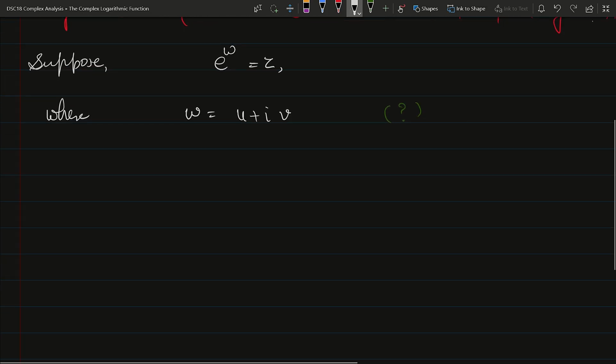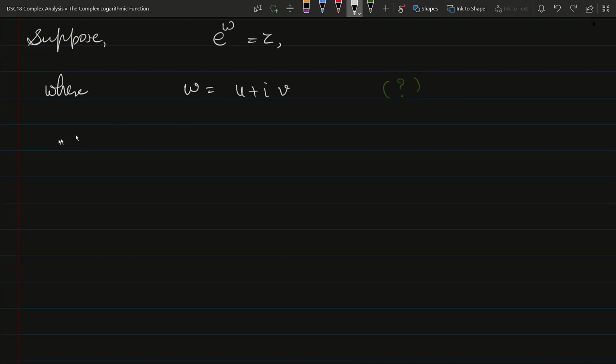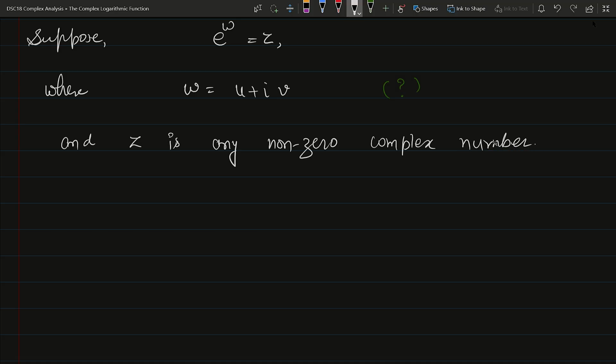ठीक है, and where this w is like this and z is any non-zero complex number. ठीक है, now you can see why we are taking this z as a non-zero complex number. क्योंकि हमने previous lecture में prove किया था that 0 is not in the range of e to the power z.